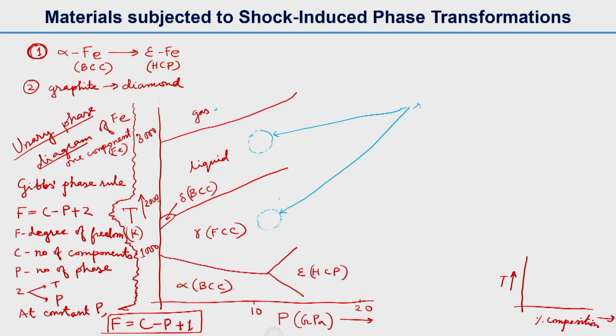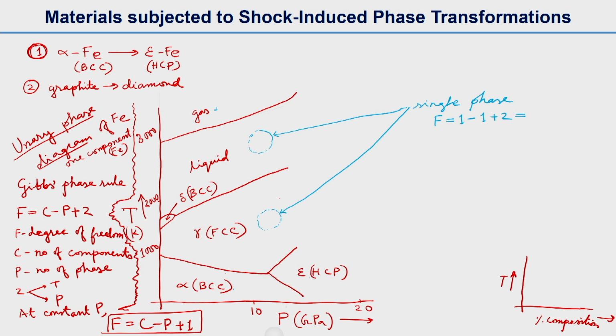So for these single phase regions, F is equal to C minus P plus 2, where the number of components is 1 and the number of phases is 1, because we have only the liquid phase or only the gamma phase.